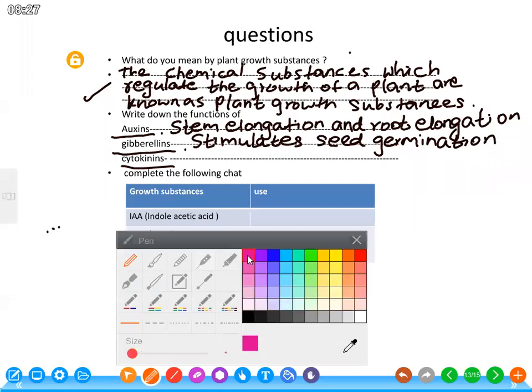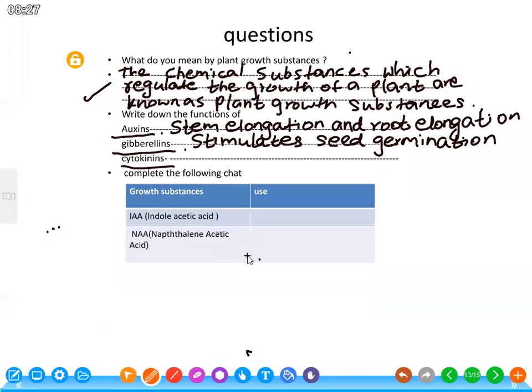Third one, cytokinin, it regulates cell division in shoots and roots.